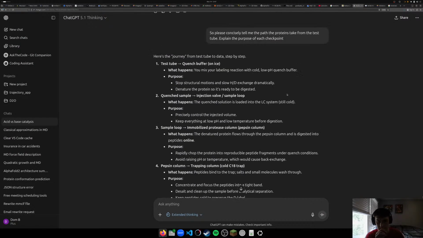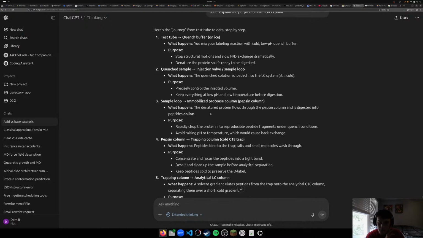Right, pepsin's the first step, right? Quench buffer, immobilized protease column.